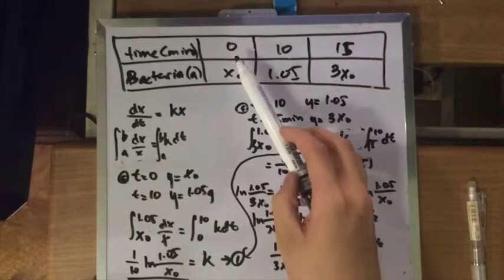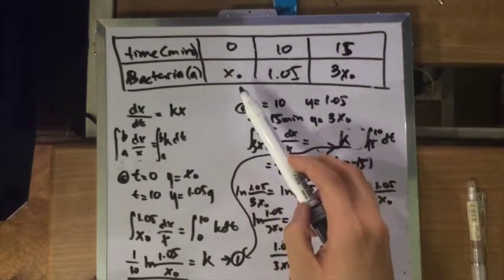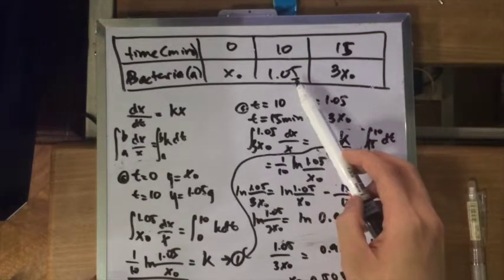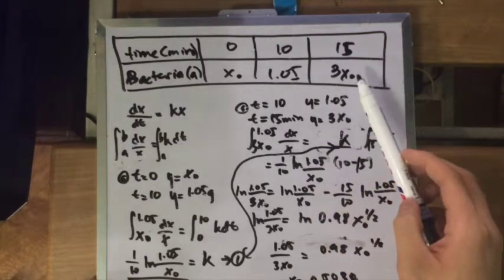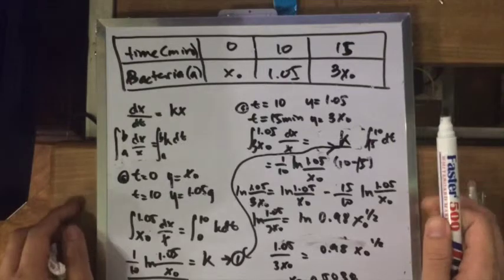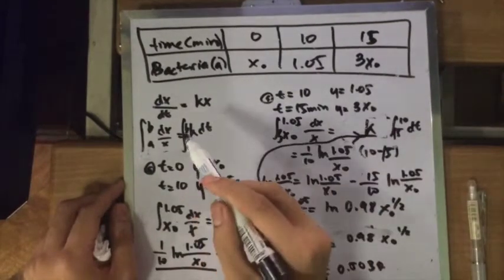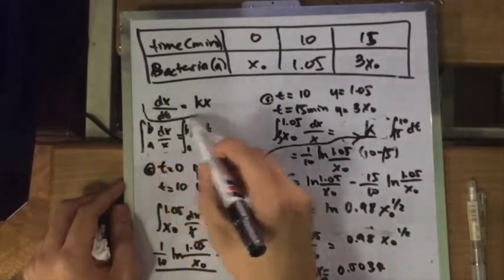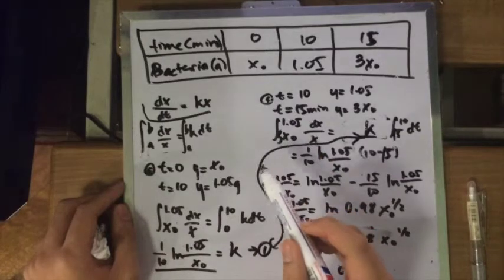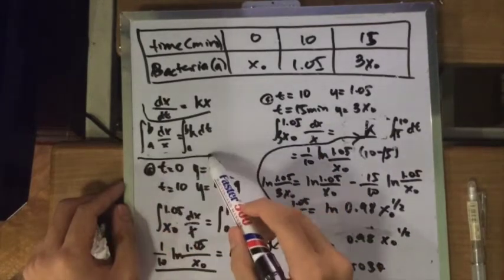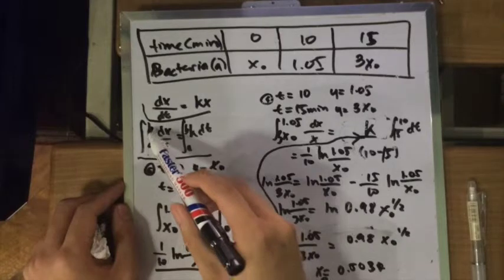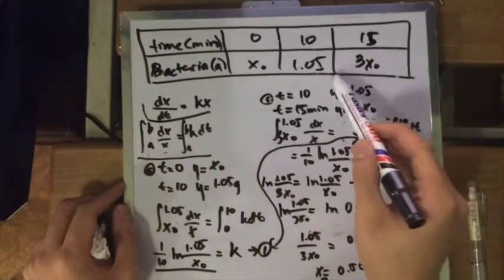At the initial time, we would have the initial amount, at 10 minutes 1.05 grams, and at 15 minutes 3 times the initial amount. So first, we use the theorem dx is equal to kt. Now we would integrate both sides, but setting up our upper limit and lower limit based on the data that we have.